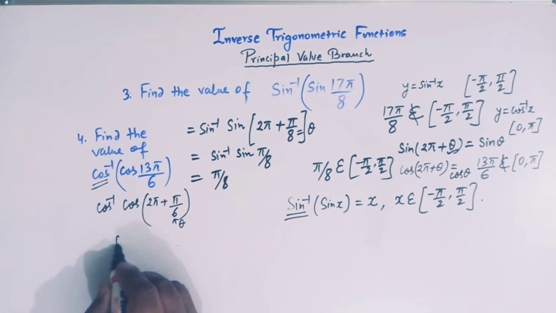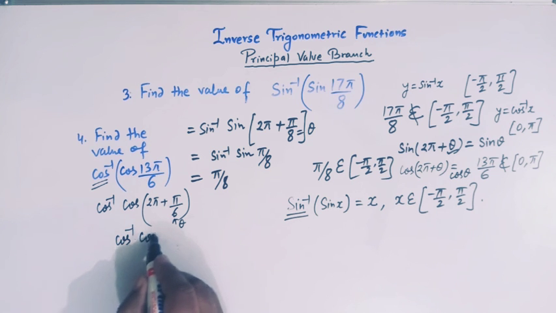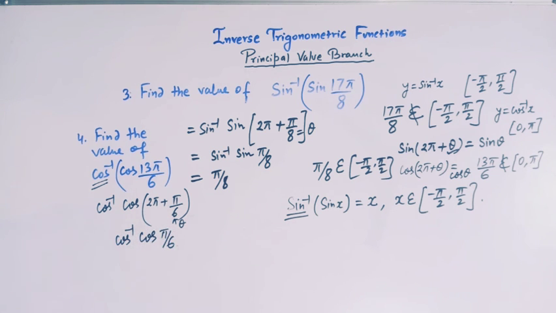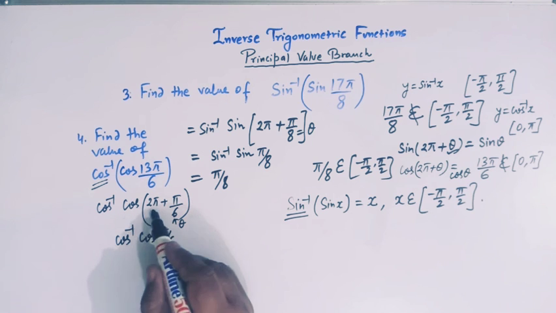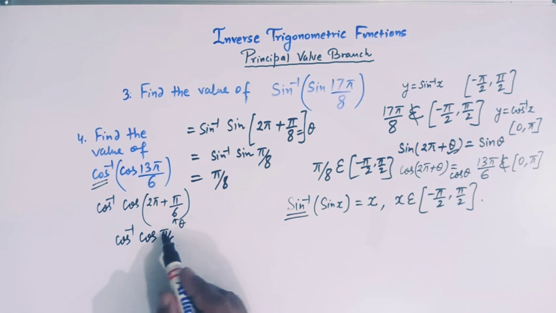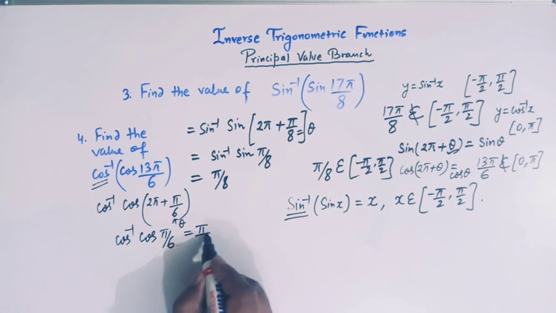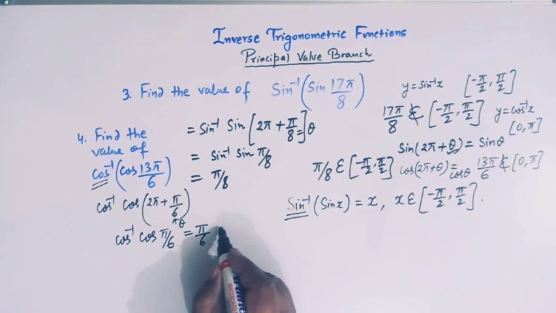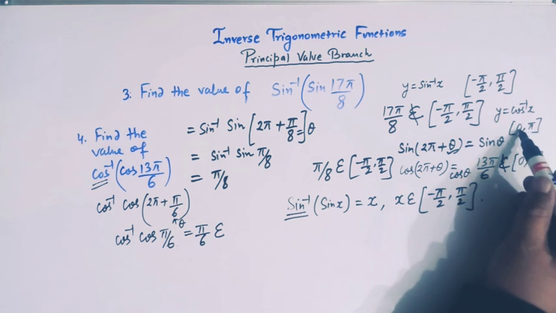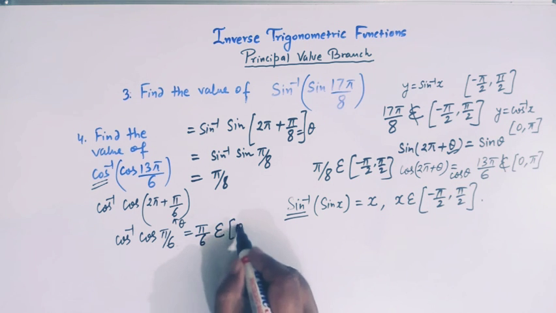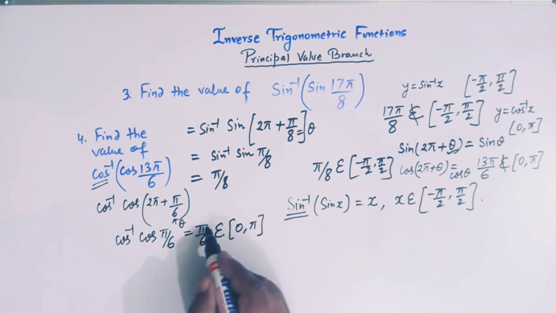So here we'll have cos inverse of cos pi by 6, because cos 2 pi plus pi by 6 is cos pi by 6. Now here we can cancel out these two terms to get pi by 6, which is 30 degrees, and 30 degrees lies in this interval, right? So our answer is pi by 6, right?